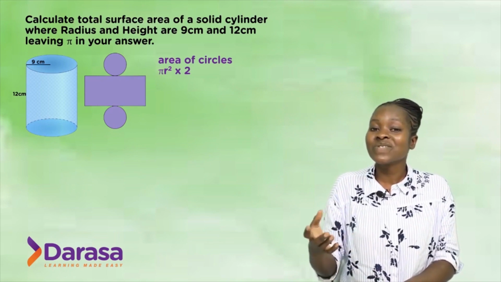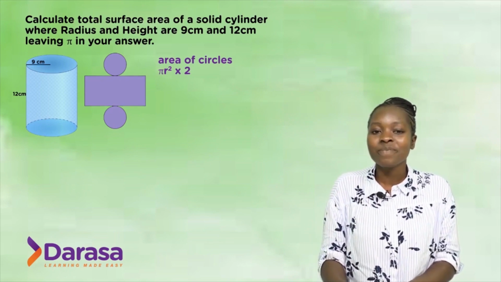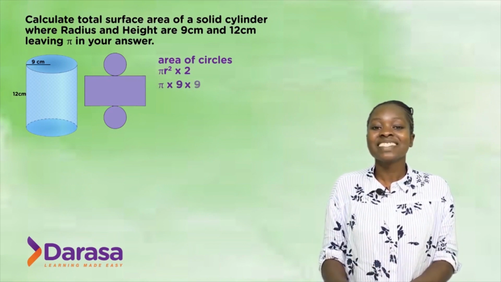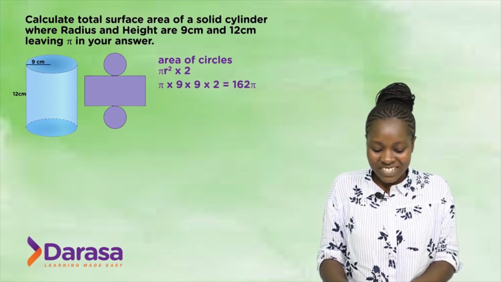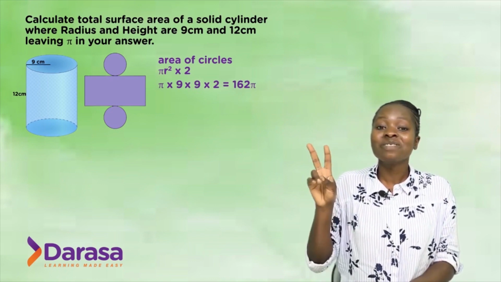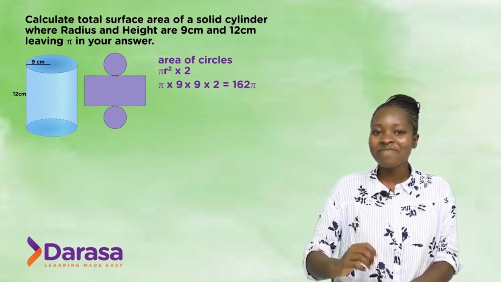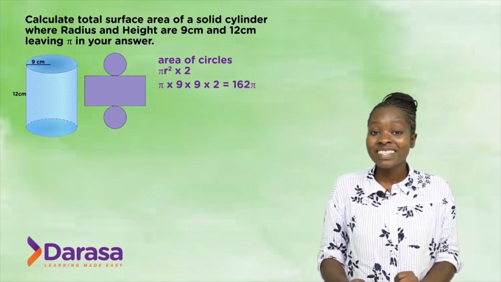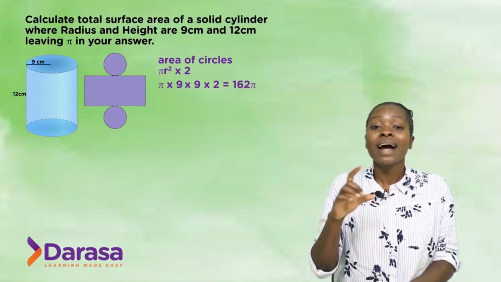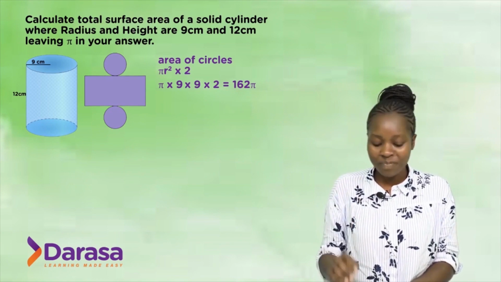So pi r squared, where there is r, we replace with 9. So we're going to have pi times 9 times 9, which is equal to 81 pi. And then we multiply it by 2. Remember, we have a top circle and a bottom circle. So multiplying it by 2, we are going to get 162 pi. We leave it in terms of pi, not 22/7.